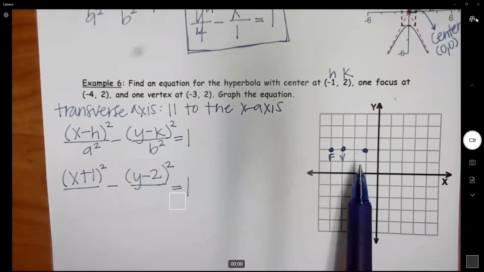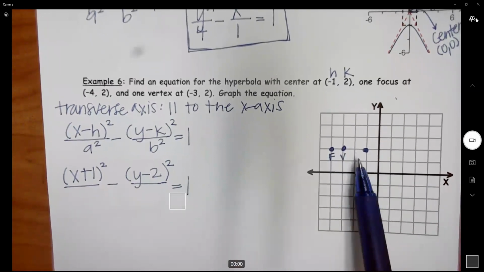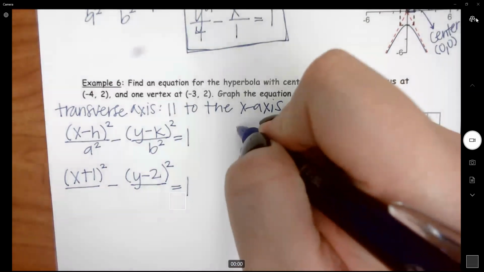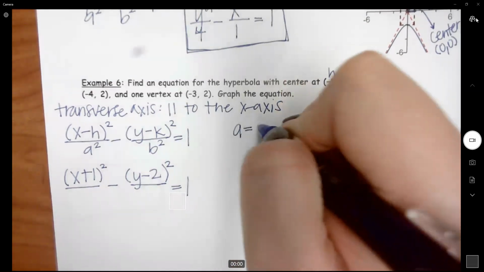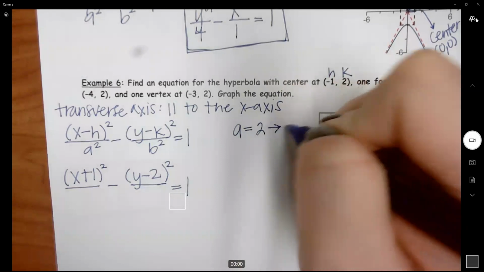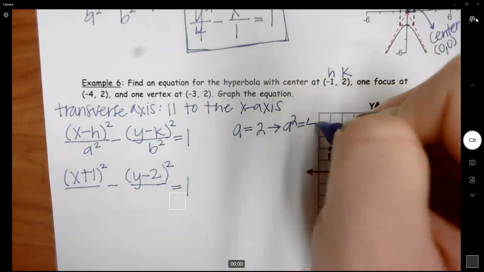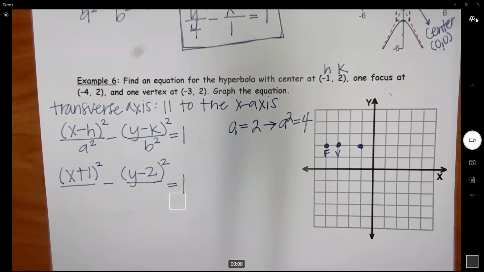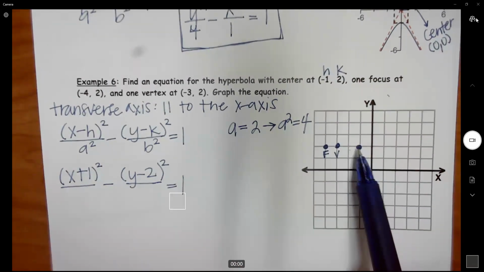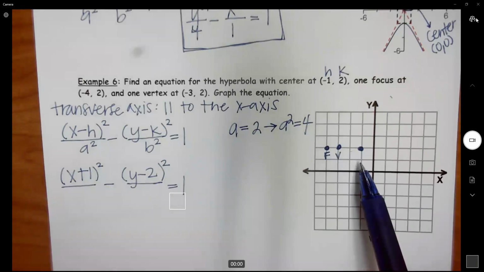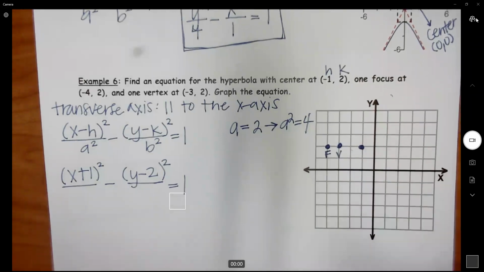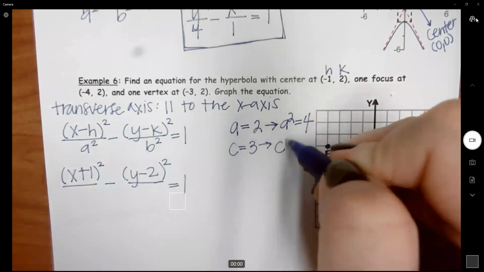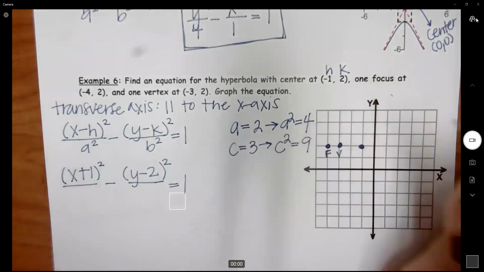Well, I'm given some of that here. If my vertex is 2 away from my center, that tells me my a. So my a is 2, which therefore means my a squared is 4. Then from my center, my focus is 1, 2, 3 over. So therefore, my c squared is 9.